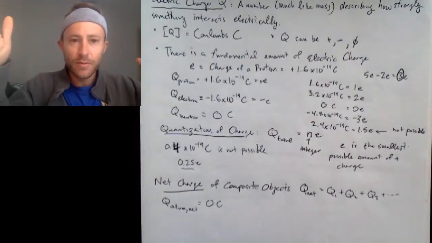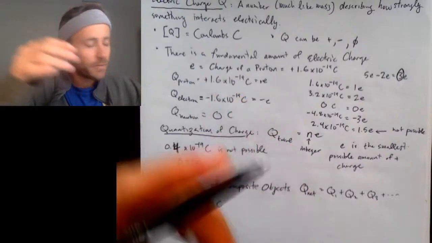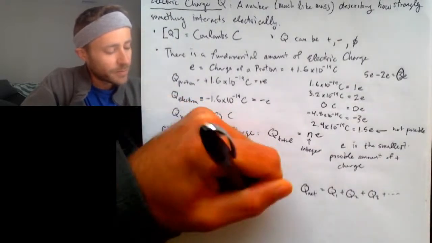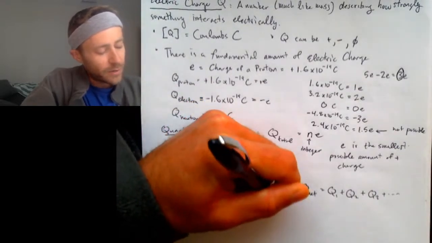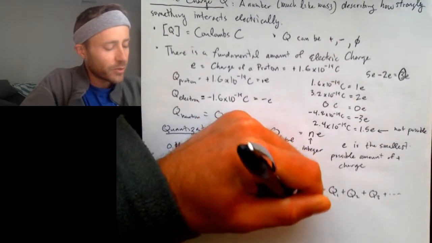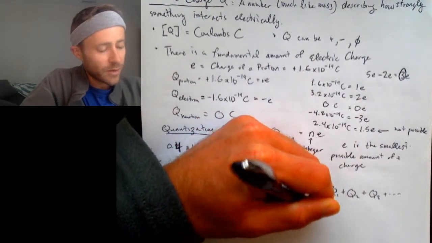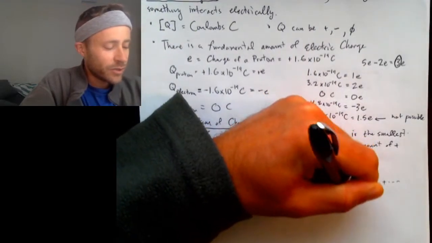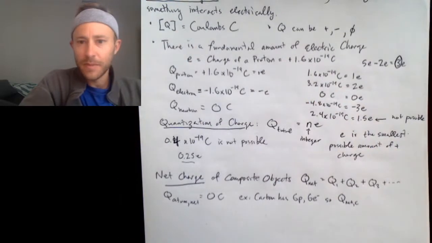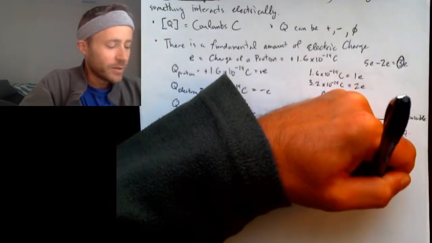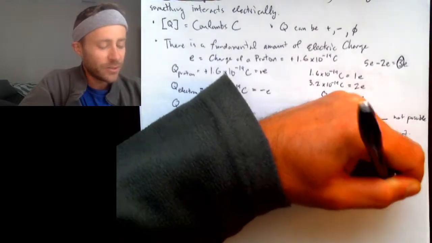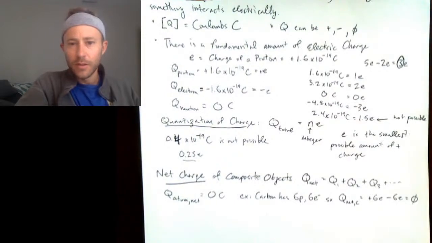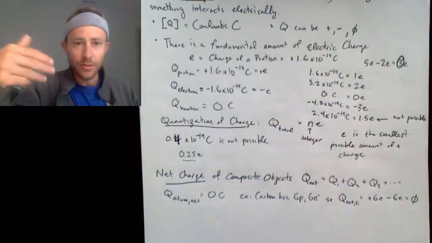So if you have, for example, carbon, it has 6 protons and 6 electrons. So the net charge of a carbon atom is going to be plus 6e minus 6e equals 0. Okay? So atoms have an equal number of positives and negatives.